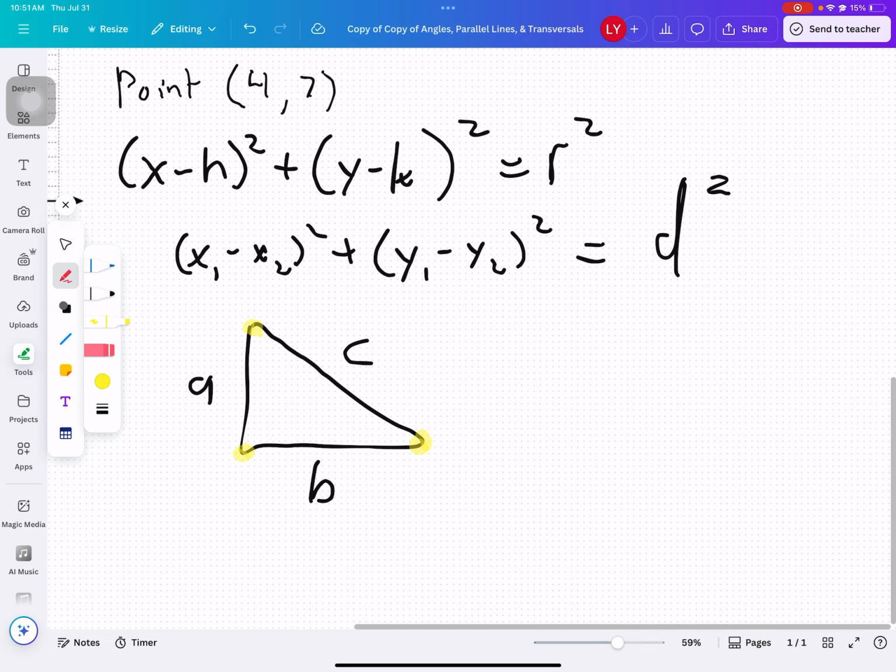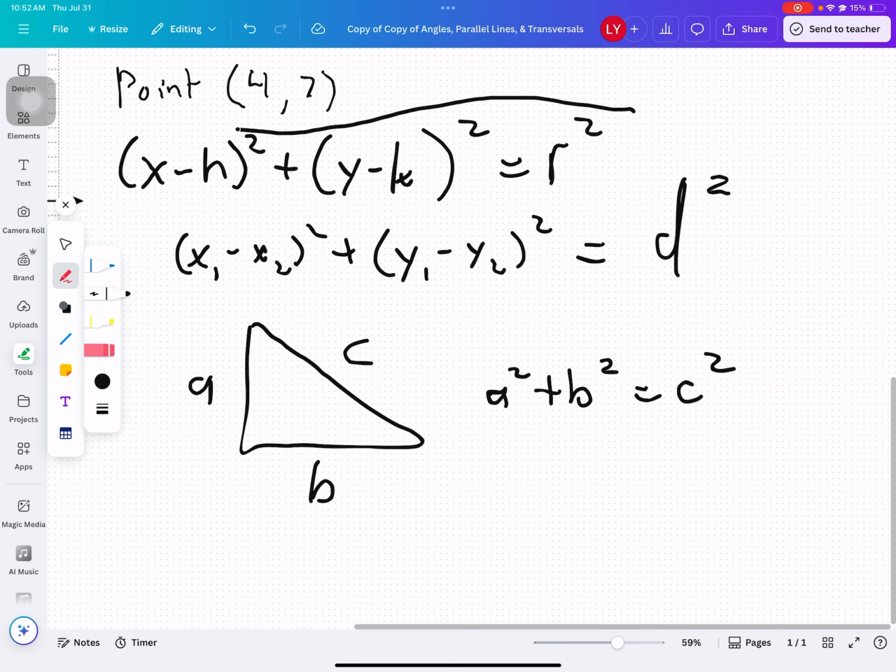Basically, C is D, this is A, and this is B. Or the other way around, it doesn't really matter. Now the Pythagorean theorem is a squared plus b squared equals c squared, which matches perfectly with the standard equation.